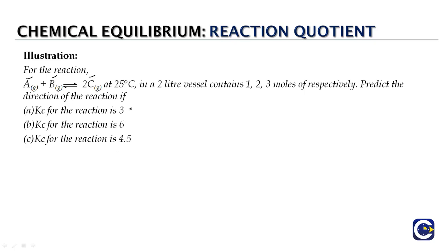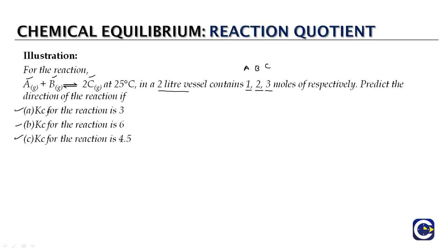All are gases, and at 25 degrees centigrade in a 2-liter vessel we have 1, 2, 3 moles of these substances respectively, which means the number of moles of A is 1, B is 2 and C is 3. We need to predict the direction of the reaction in these 3 cases: when Kc is 3, when Kc is 6 and when Kc is 4.5.